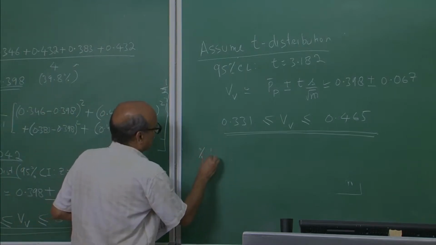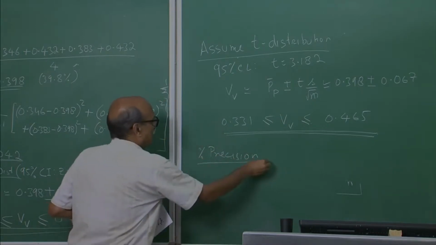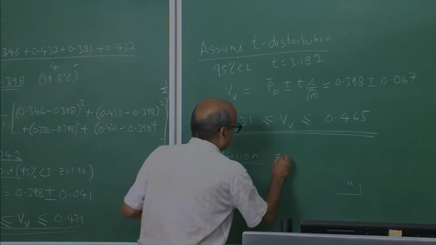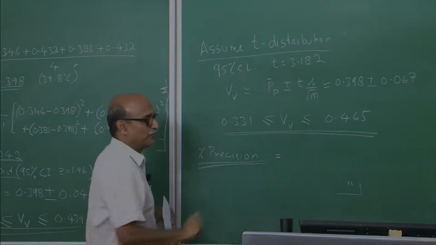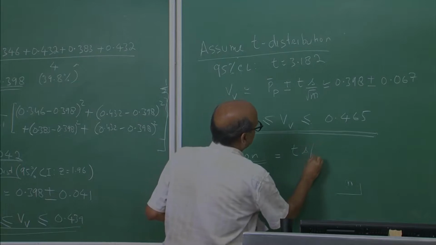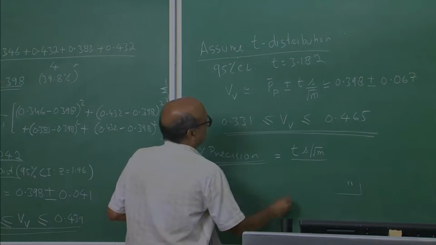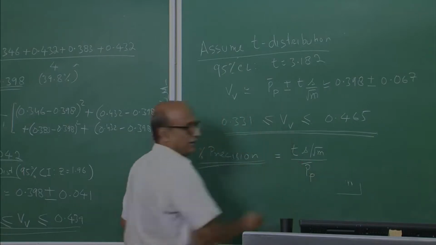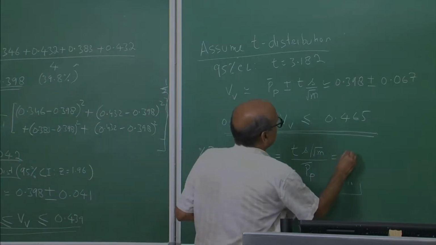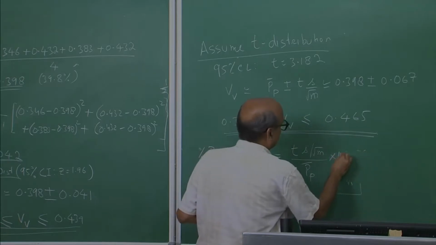What is the percentage precision we have? The percentage precision can be estimated, let us say we are assuming a t distribution, as simply t s divided by square root m, this is my deviation around the mean, divided by the mean value itself. So, this would give me 0.067, and then I need it in percentage, so multiplied by 100.